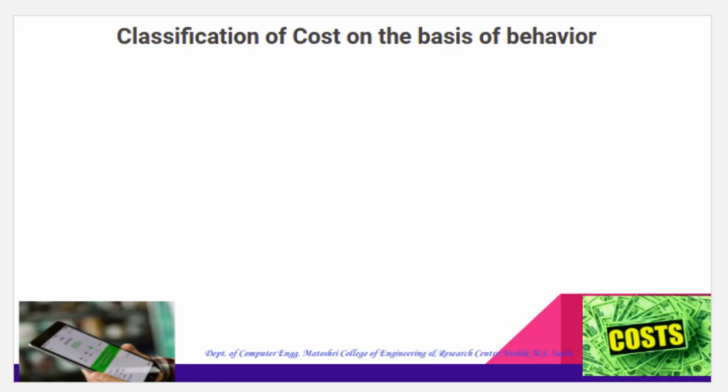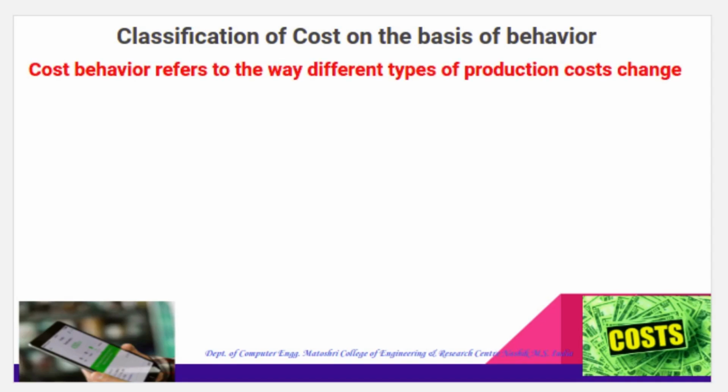Fixed costs do not change with a small change in volume, while variable costs do change, and semi-variable costs have characteristics of both fixed and variable cost. Cost behavior refers to the way different types of production costs change when there is a change in the level of production.